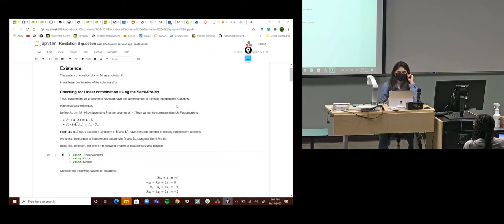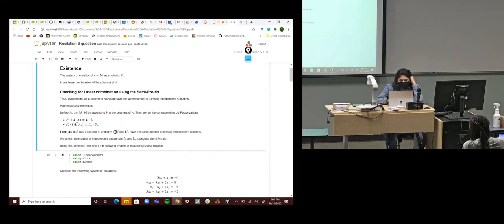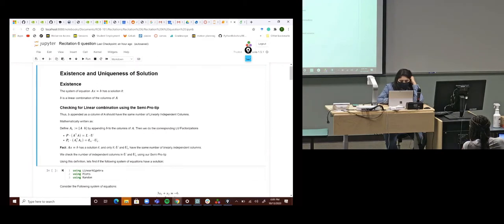So if I give you a matrix A and I say, show if B is a linear combination of columns of A, what you will do, if you were using the semi-pro tip, is say that this is equivalent to saying that U and UE, when you formulate this equation in the standard form, have the same number of linearly independent columns.